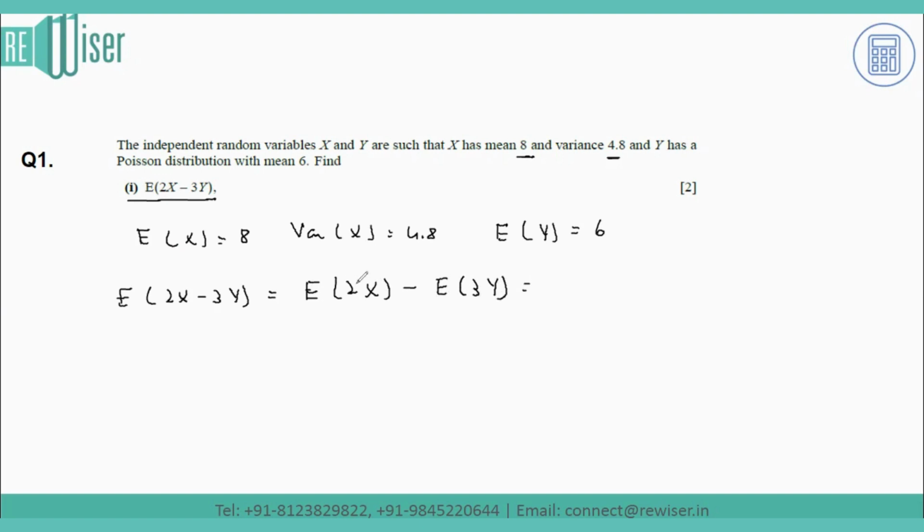Since this 2 is a scalar multiple, 2 comes out of the expected function, so it becomes twice of E of x minus, again 3 is a scalar multiple, so it comes out of the expected function, so thrice of E of y, which equals twice into E of x has a value 8 minus 3 into E of y has value 6, which is 16 minus 18.